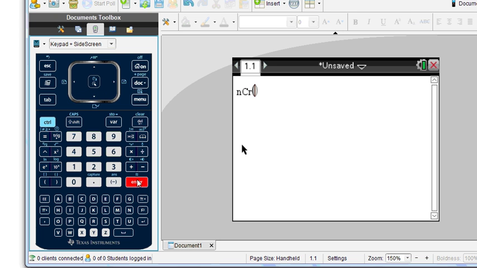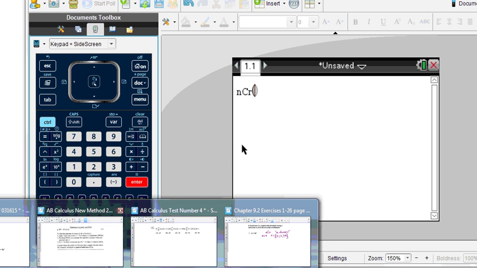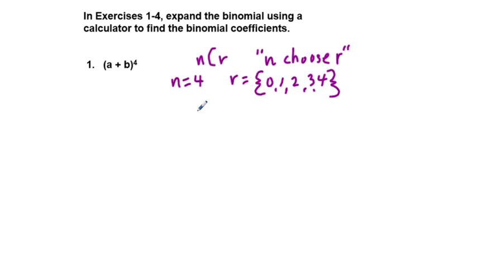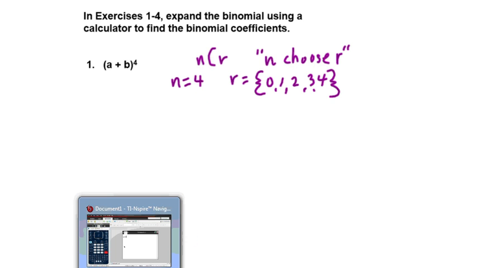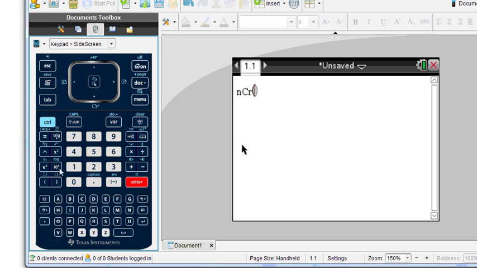Here we have nCr, and the first thing we're going to put in is n. Going back to our problem, for n we had n equals 4. So in our calculator, we put 4, comma, and then open brackets by pressing control and open parenthesis. We put in the values for r, which are 0, 1, 2, 3, 4.